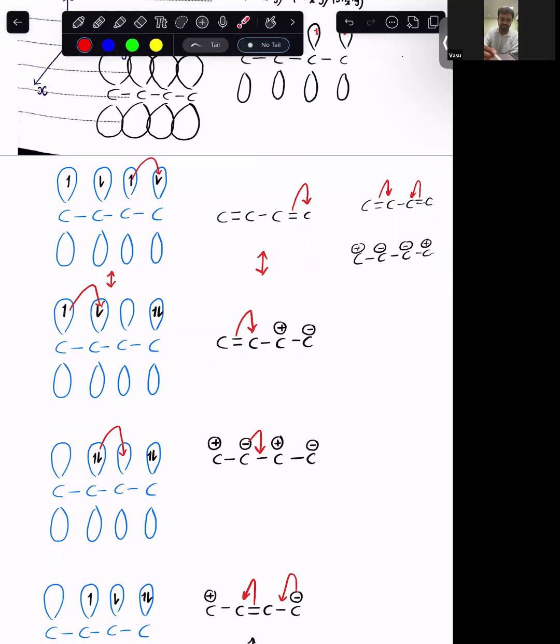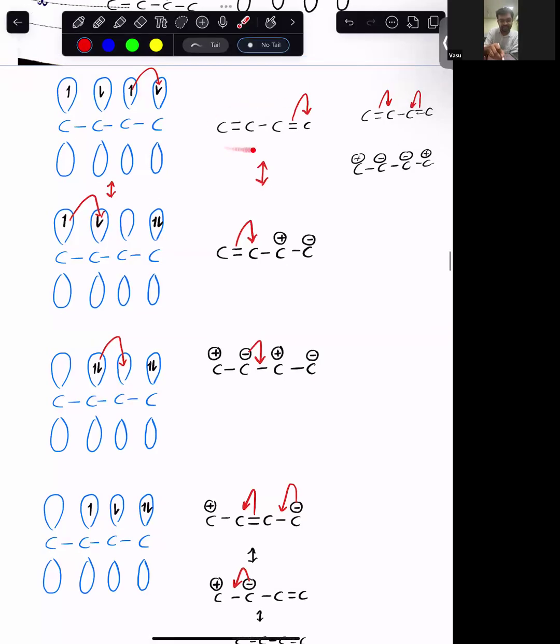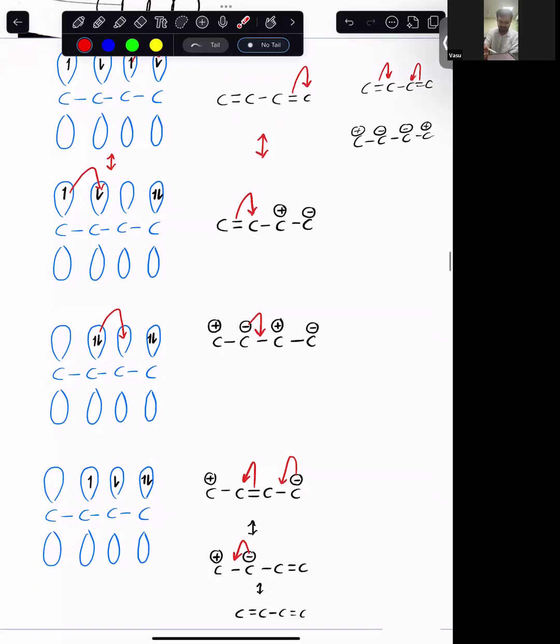Suppose this particular structure, if you see, has a lot of charges. Whenever you have a lot of charges in the system, all those structures are unnecessary. Their contribution is almost equal to 0. Even this is considered as one of the resonating structures, although it is not the actual structure. If I see all the structures I have drawn here, this is a neutral structure. This has some charges, but the charges are less when compared to this.